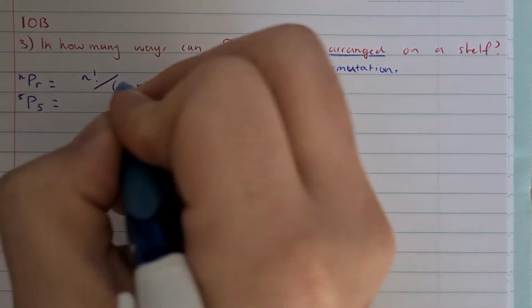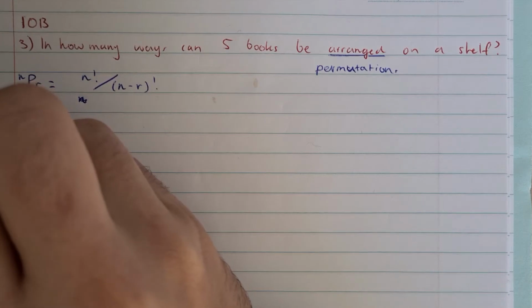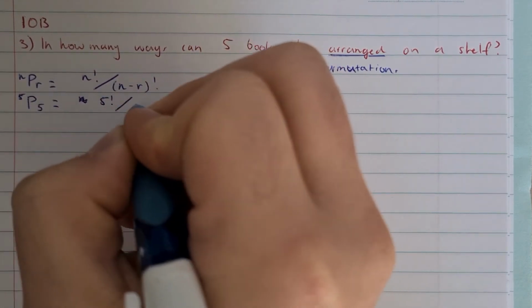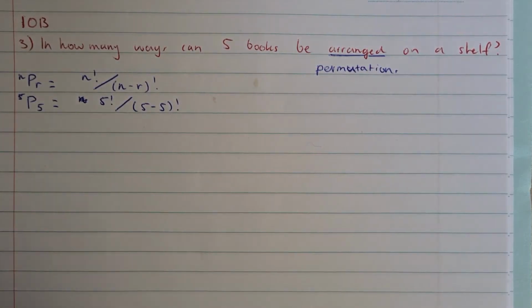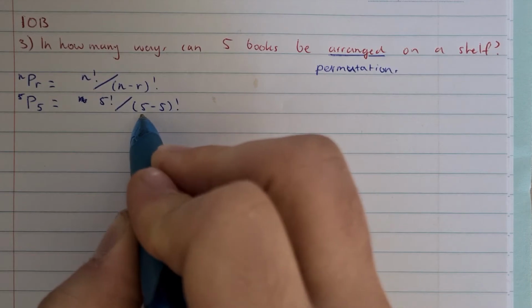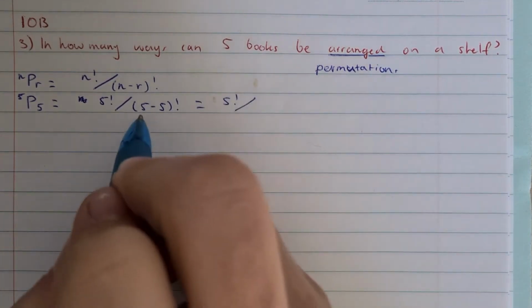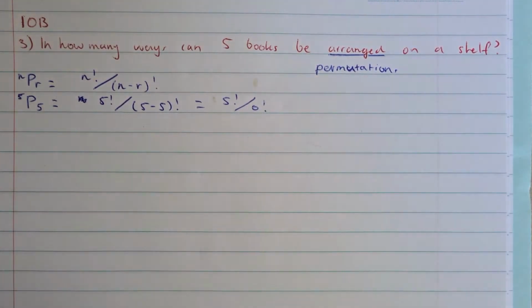So let's see what happens here. Sorry, not n. So n is 5 and r is 5. So we have 5 factorial over (5 minus 5) factorial. Knowing BODMAS, let's do our brackets first. So we get 5 factorial divided by 5 minus 5, obviously 0, so 0 factorial.